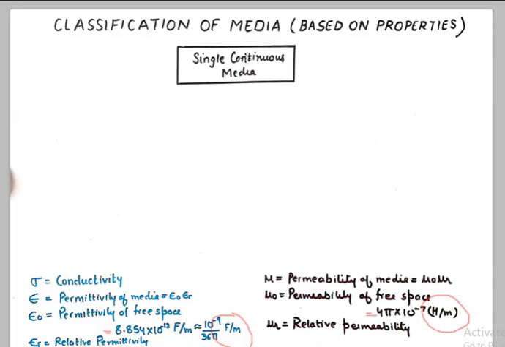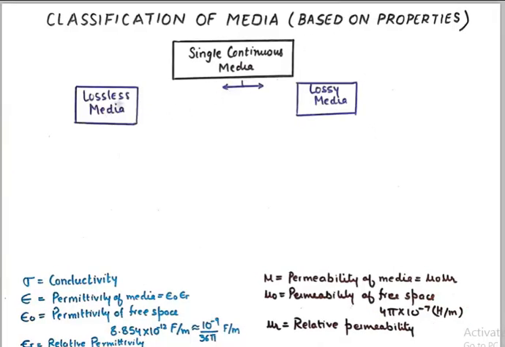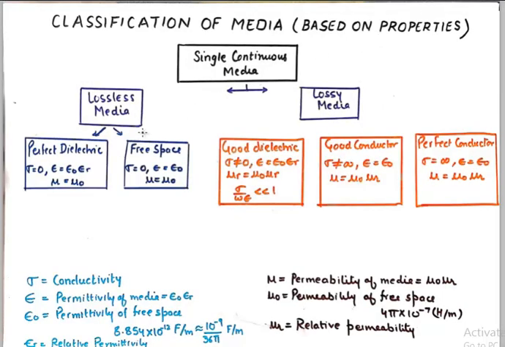Now let's divide the single continuous media into two types. The first type is lossless media and the second type is lossy media. A lossless media is one in which the conductivity is zero. If there is no conductivity in the medium, nothing will be lost as energy loss or propagation loss or heat loss or any of that sort.